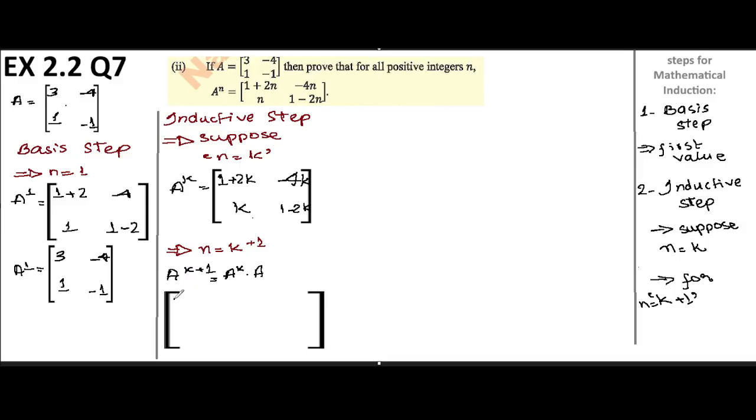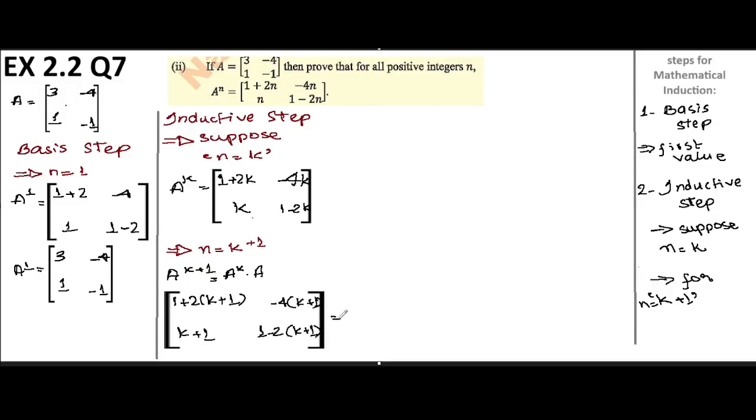So here we write 1 plus 2 into k plus 1. Then this entry becomes minus 4 into k plus 1. Then for the next entry, it's just n, so we write k plus 1. And then here it is 1 minus 2 into n, so 1 minus 2 into k plus 1.